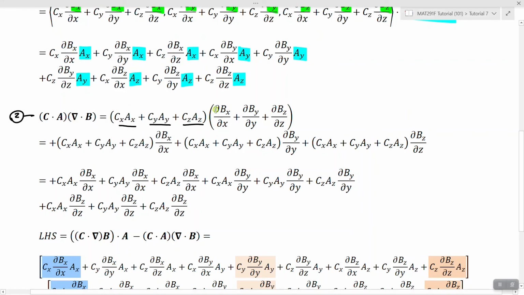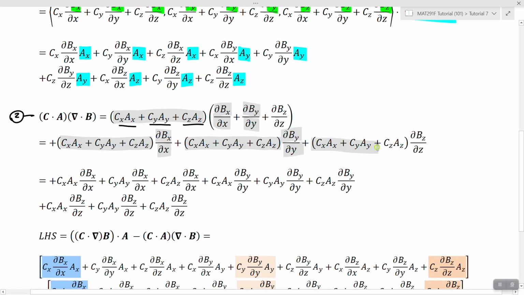For example, this partial x bx is right here with this whole thing. And then we have, again, this thing multiplying partial y by.